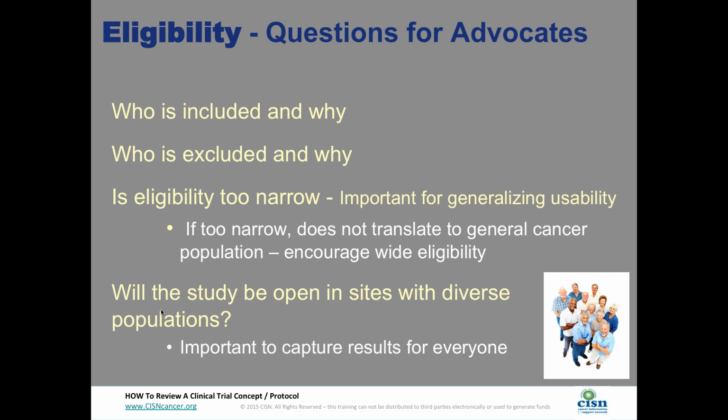And the answer was no. And you can't expect diverse populations to be in a study where you're not open. If they live here and you're not open there, then it's going to be real tough to get a diverse population. So there's some simple questions we can be asking. Just make sure that you have sites open where you have a chance of getting a diverse population. It's important to capture results for everyone. The NCI is requiring it, but it doesn't happen all the time, and somehow it just keeps slipping by year after year.